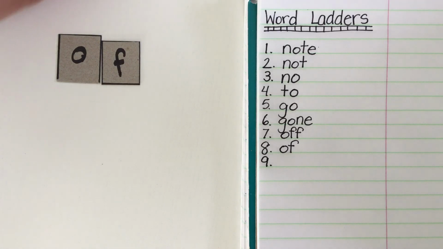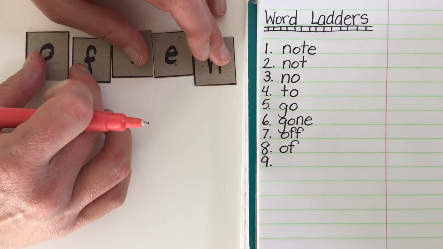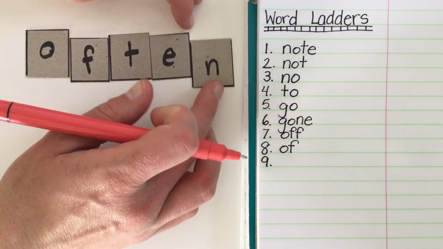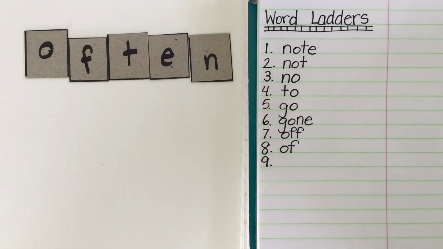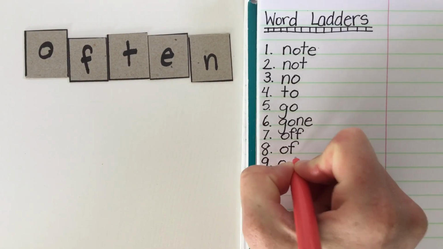All right. Let's try another one. Ooh, okay. I'm gonna put an ending on, so I'm gonna put this little bit at the end of this word. So I have O-F-T-E-N. I have the word often.